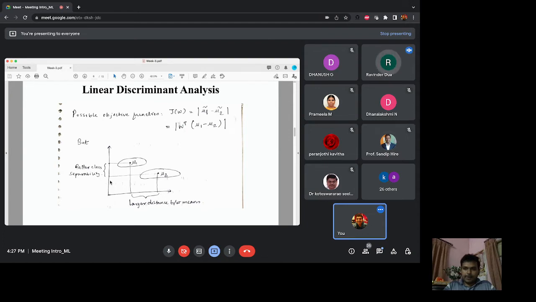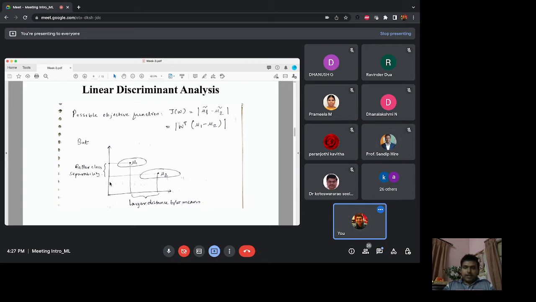So again, from the picture it looks correct, but how are you identifying this x and y? So that I will come to later. I am just saying that let's say I have these two examples. Is this point clear, that the x axis leads to a larger distance between the means than the y axis? Yes.